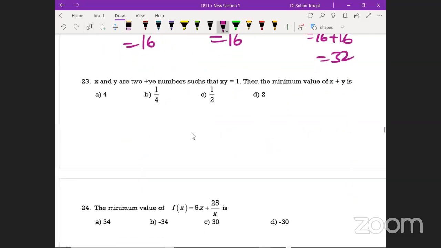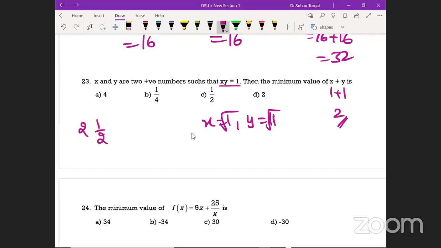If x and y are two positive numbers, xy equal to 1, then x value must be 1, y value must be 1, because I have to put root 1. What is the minimum value of x plus y? 1 plus 1, 2. If you are taking 2 and half, you can cancel this, you will get 1, right?